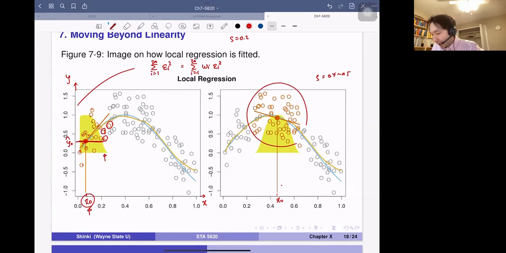This yellow line is the estimated curve, and the blue line is the true curve behind the simulation. So blue is the true one, and this is the estimated curve by local regression.